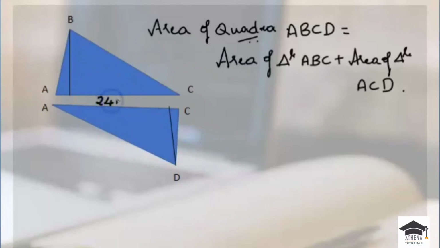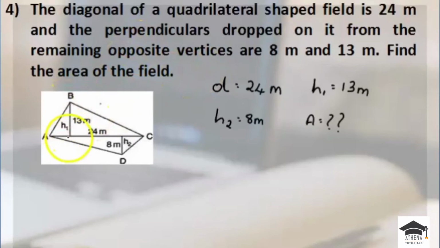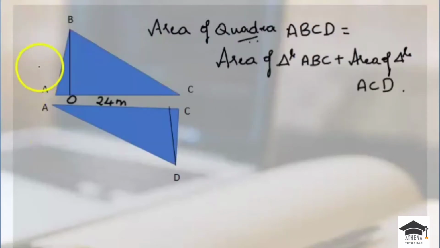Both the ACs will be 24 meter. And the height from this point, I'll mark it as O, they have given as 13 meters. Okay, we got the values of both base and height.